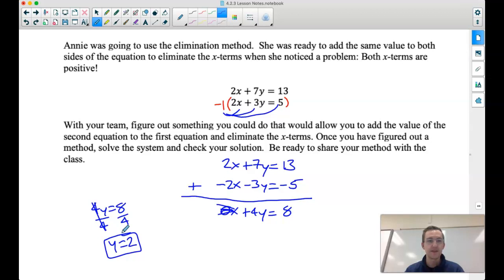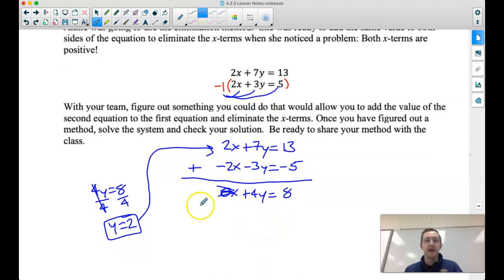And then last but not least, we plug that back into one of these equations. I'll just pick the top one so we can solve for x. So we have 2x plus 7 times our y value, which is 2, is equal to 13. So 2x plus 14 is equal to 13.